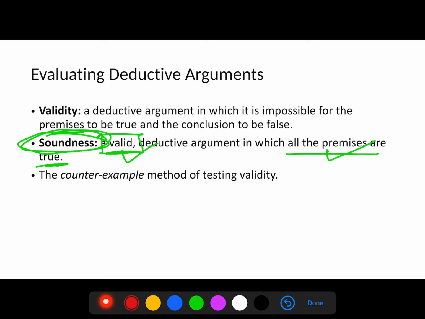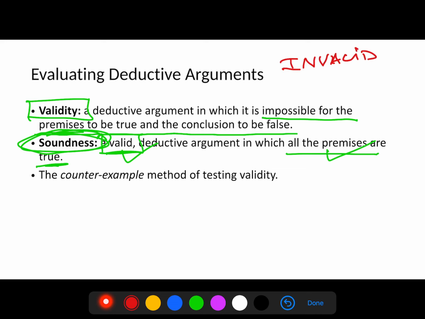So notice our definition of validity right here: a deductive argument in which it is impossible for the premises to be true and the conclusion to be false. So an invalid argument is an argument in which it is possible to have true premises and a false conclusion.